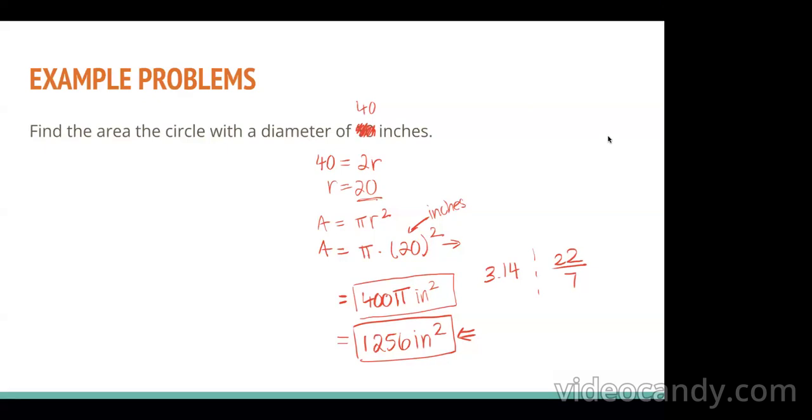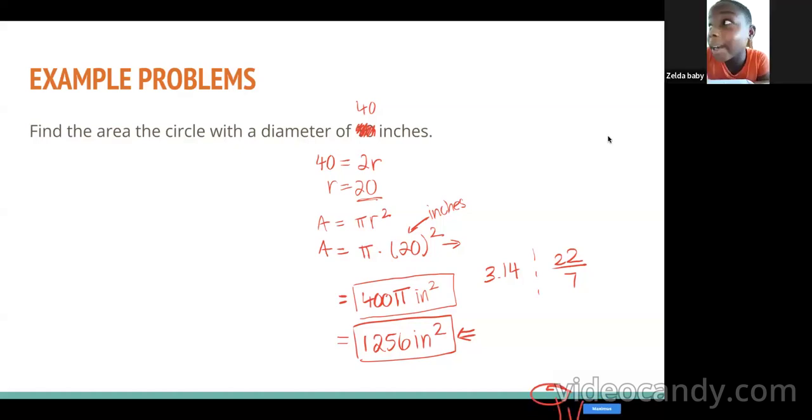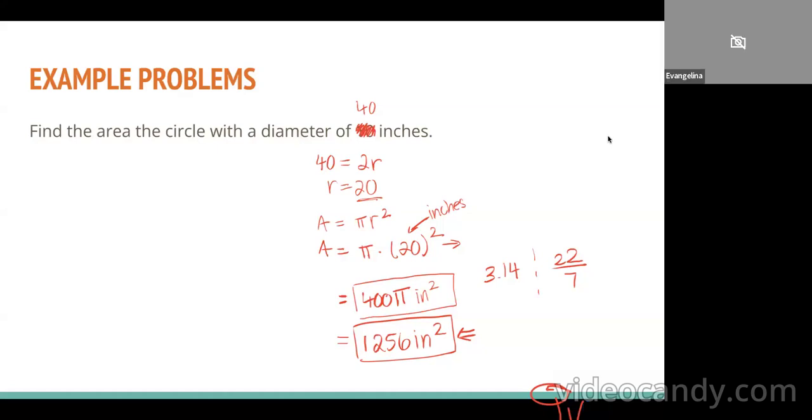40 equals 2R, so R equals 20. A equals pi R squared. A equals pi times 20 squared, which is 400 pi, times 3.14 or 22/7, equals 1,256.